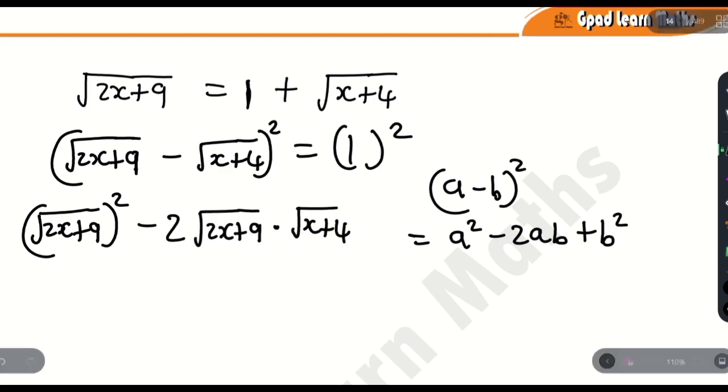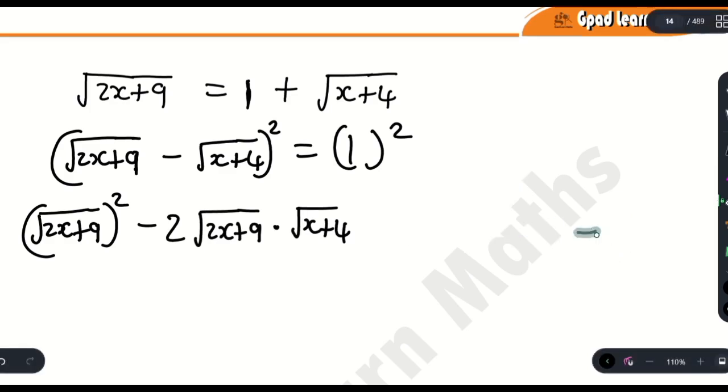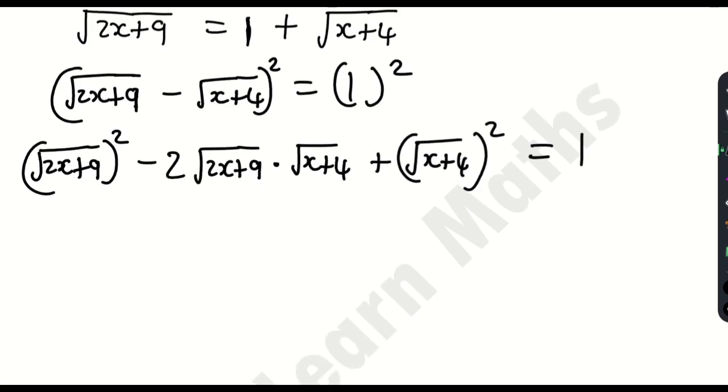Okay, and then that's not all, but let me just take this off first from here, and we're going to square the last term in the bracket. So that will be plus the square root of x plus 4 all raised to the power of 2. And this is equal to what? 1 squared is 1, as we have on the right hand side. Okay, having done that, let's proceed.